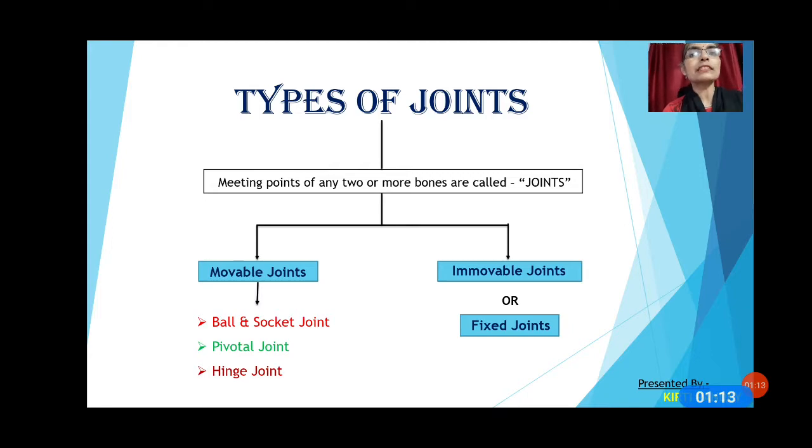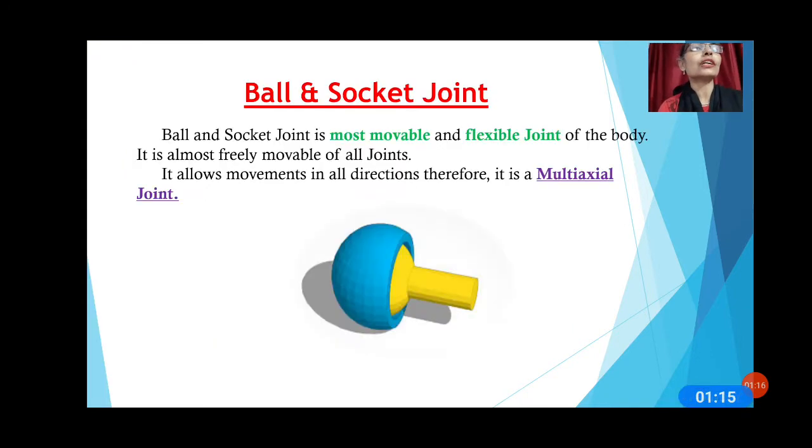Firstly, we will discuss the ball and socket joint. Now here you can see this picture, the ball and socket joint. The ball and socket joint is the most movable and flexible joint. A flexible joint means it can move freely in all directions.